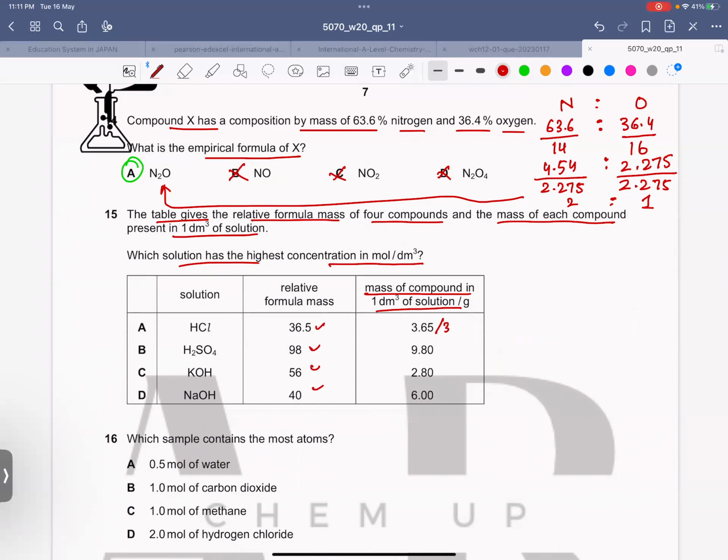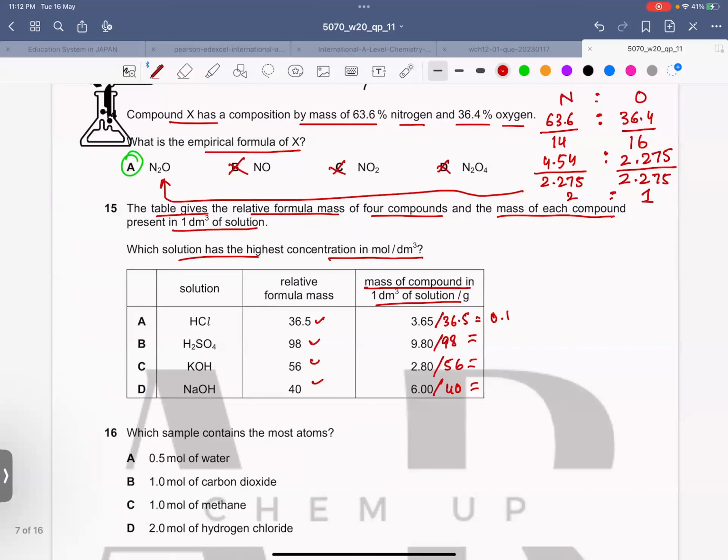So I have to divide it by 36.5. I have to divide it by 98. I have to divide it by 56, and I have to divide it by 40. Can any one of you tell me the answers? For the first one, is it 0.1? Yes, sir. Okay. For the second one, it is also 0.1.